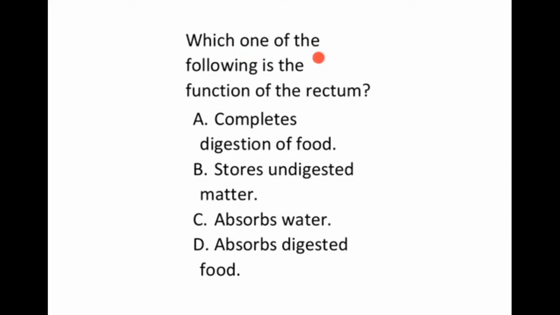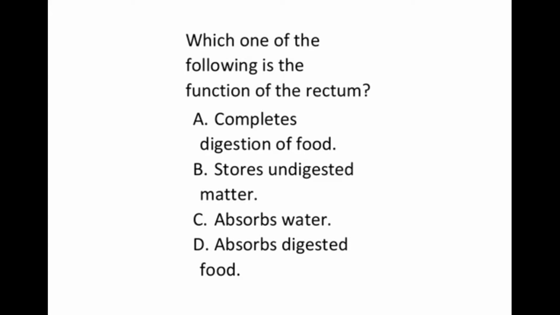Which one of the following is the function of the rectum? Completes the digestion of food, stores undigested matter, absorbs water, absorbs digested food. To answer the question, we need to know the parts of digestion and their work.